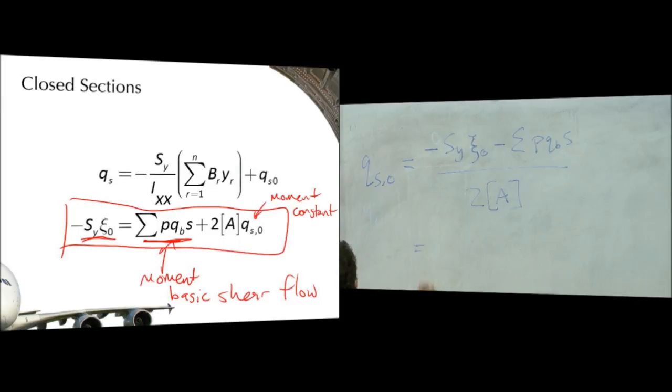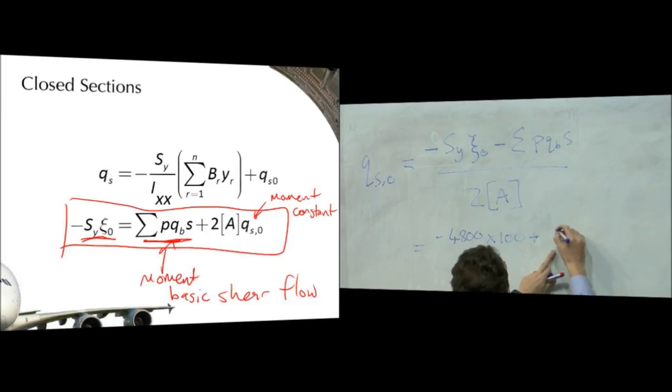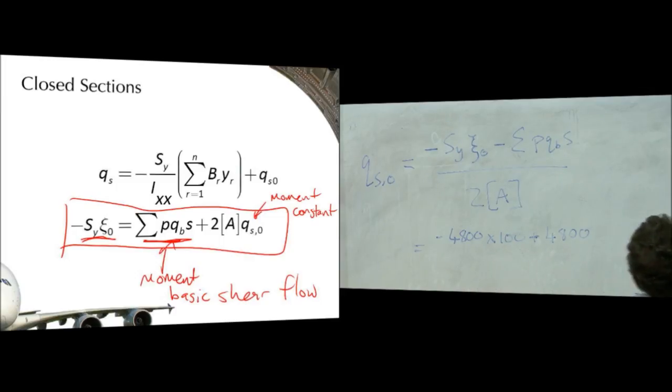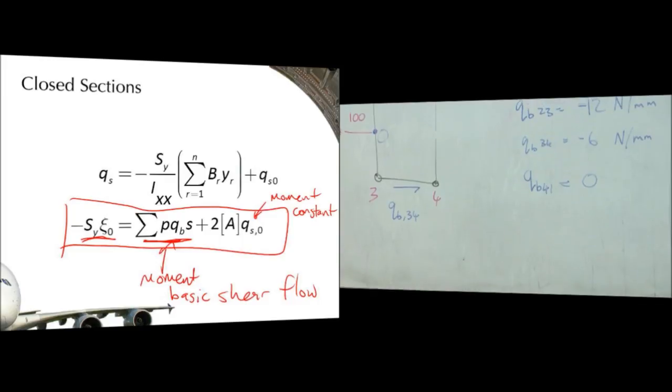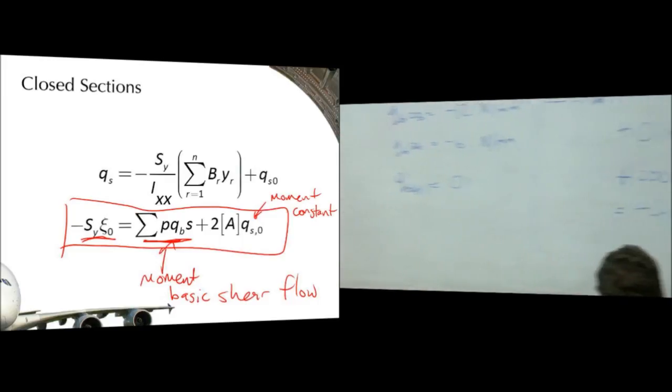So let's put in our numbers and see what we get. SY is 4800. The moment arm for it is 100. We've got a minus here and a minus in the number that we worked out, so we end up with a plus. Okay, I've done some really bad maths up there. I need another couple of zeros on there.